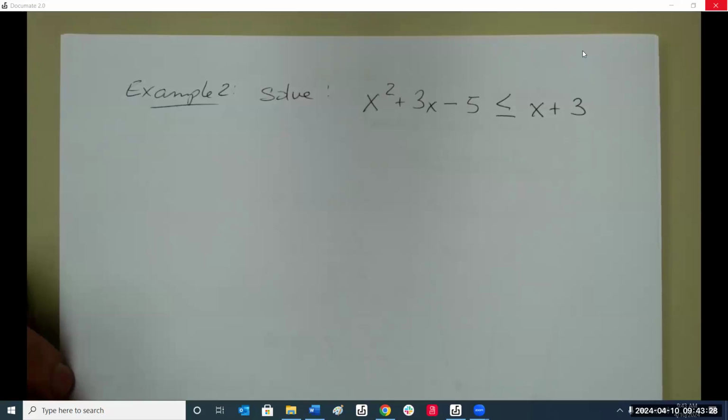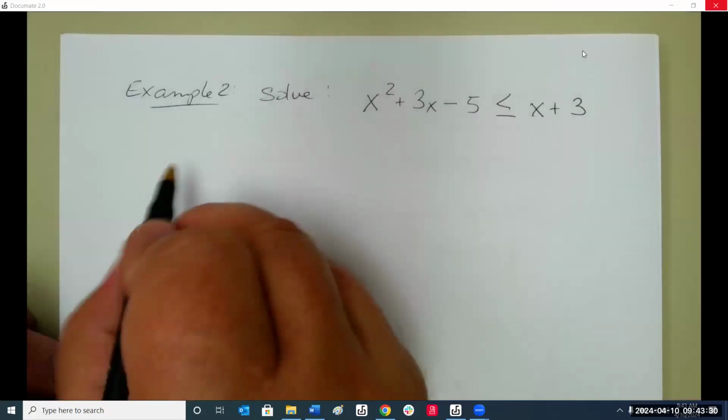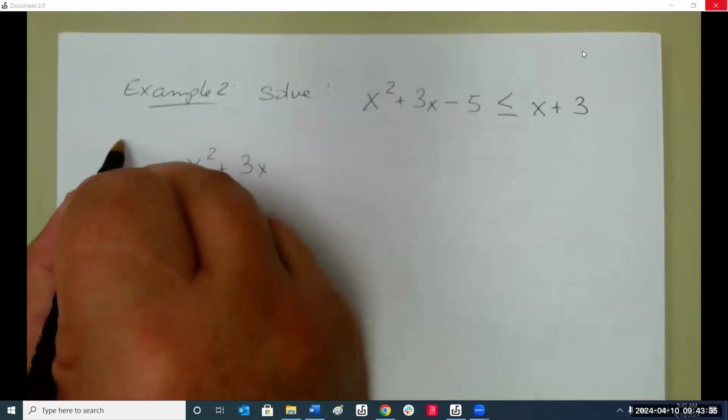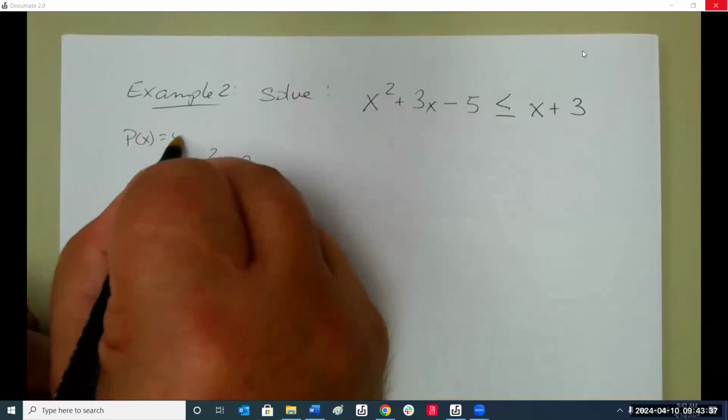Set it equal to 0. So the first thing we've got to do is move everything over to one side, because the polynomial has to equal 0.